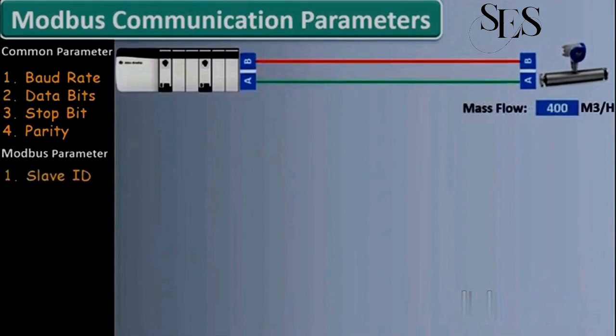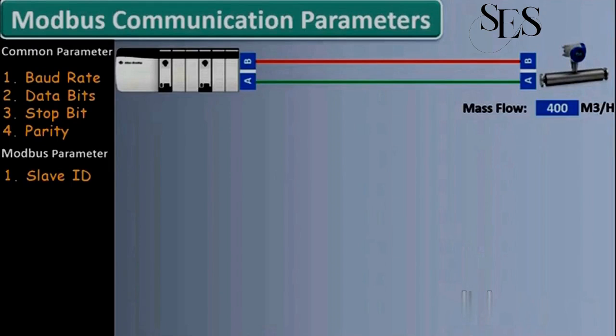All the communication parameters and slave ID, along with the wiring, are used to establish communication between two devices. Once the communication is established, we are able to move the data from one device to another.